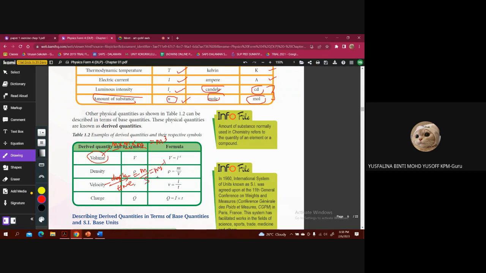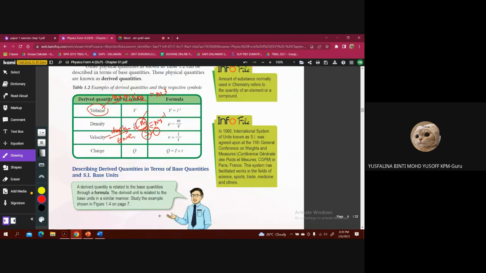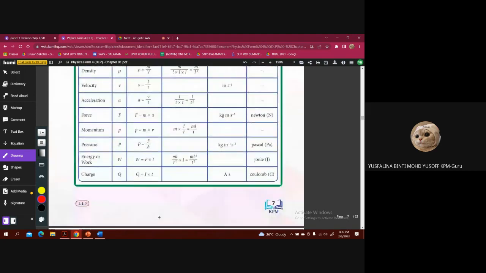We use base units because displacement in meter is a base quantity, and time in second is a base quantity. We multiply or divide, or use both, and you get another quantity. That is derived quantity. So I just go faster for this one.